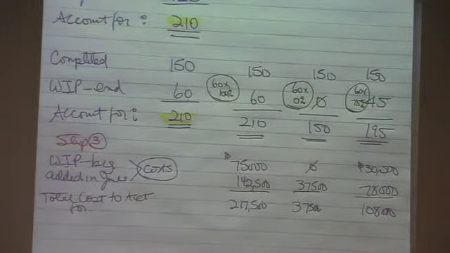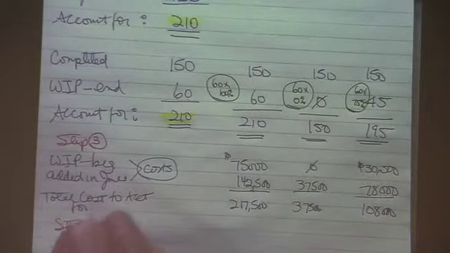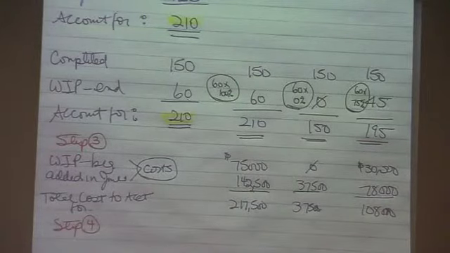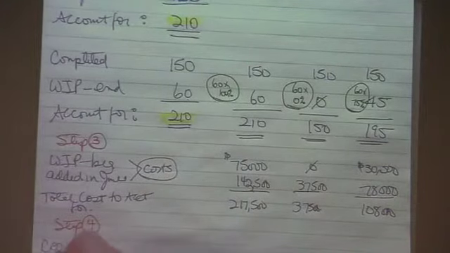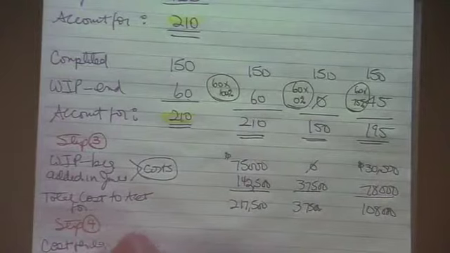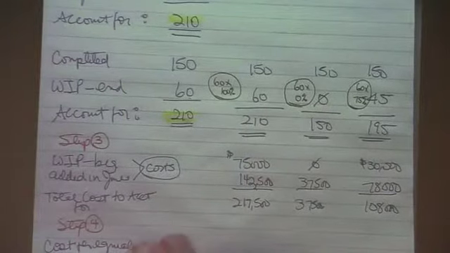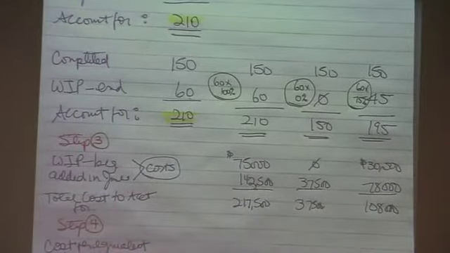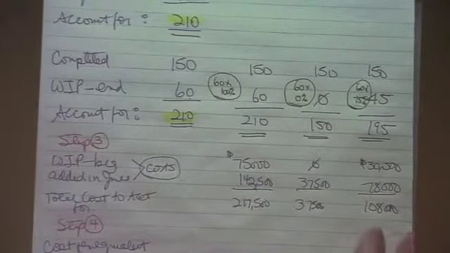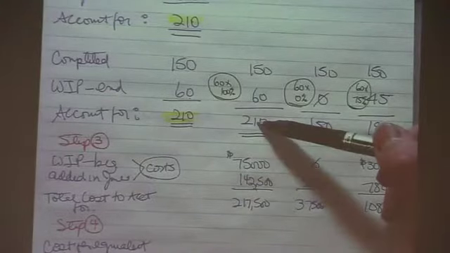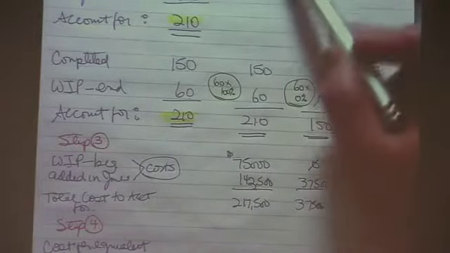Now step 4 says we need to calculate the cost per equivalent unit. How do we do that? Well, we know the equivalent units are in step 2.